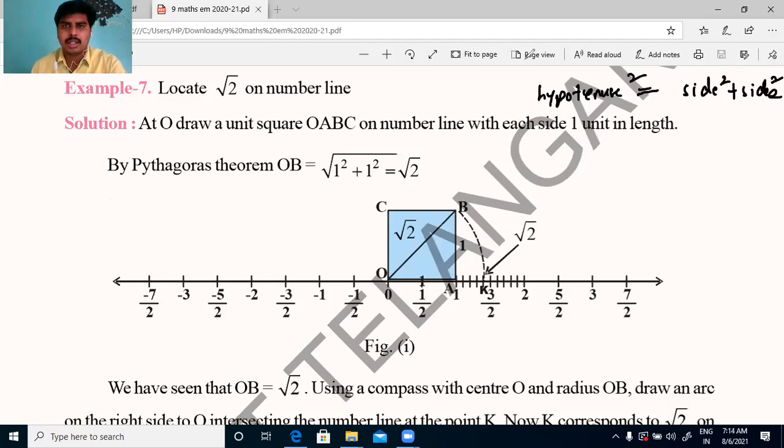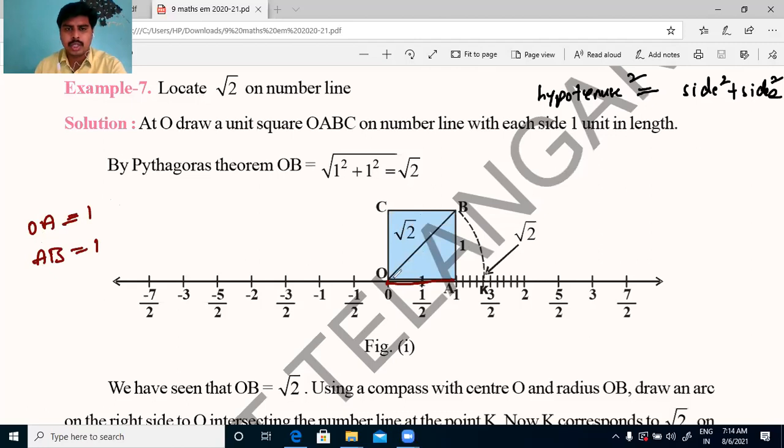So by this Pythagoras theorem, you know this length OA. What is the OA length, Nana? OA length, 1 unit. What is the AB length? That is also 1.